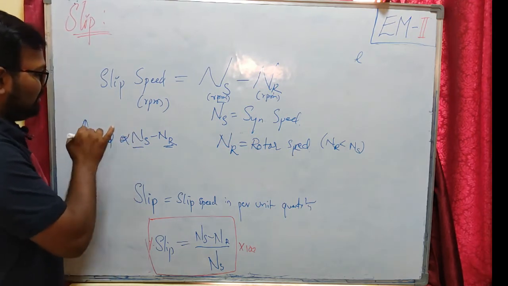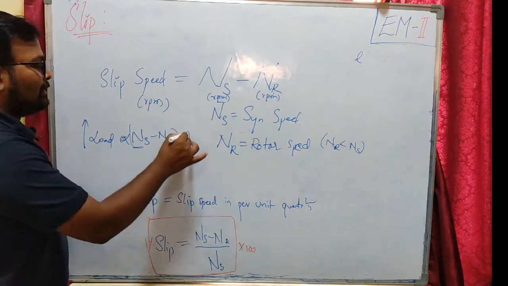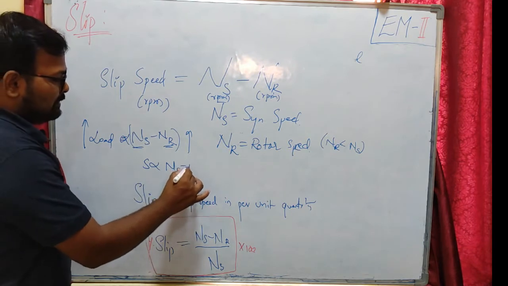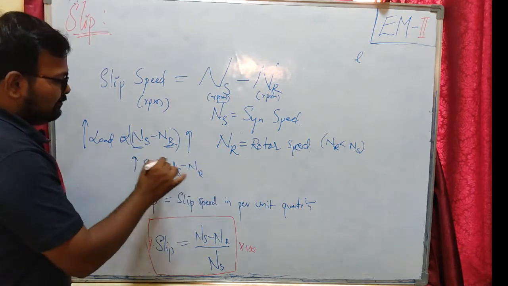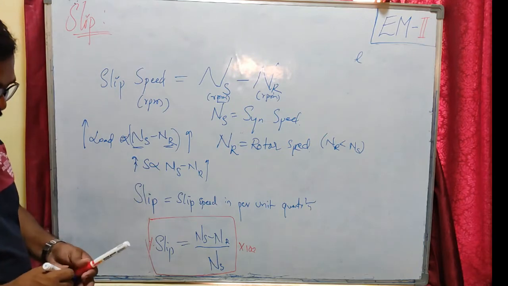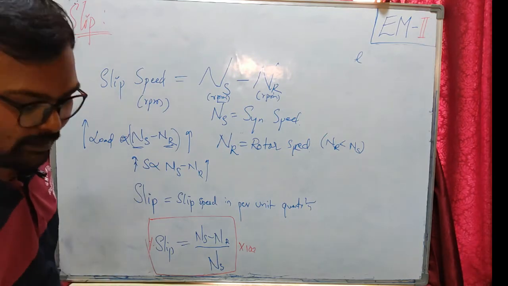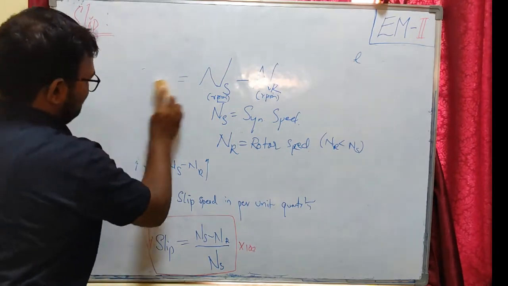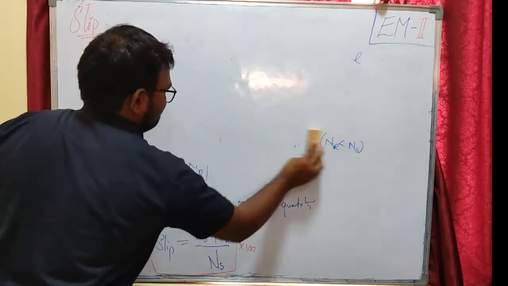If load is increased, this difference will be increased. If this difference is increased, our slip will increase. So our slip depends upon the load on the machine. Okay, this is about slip.